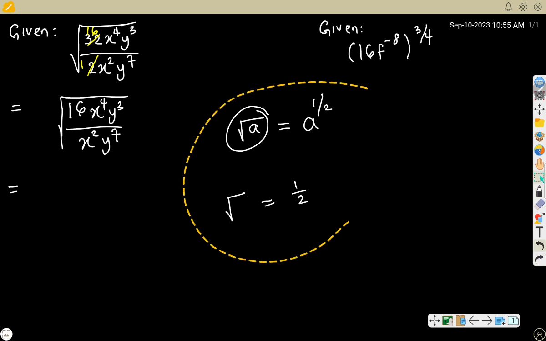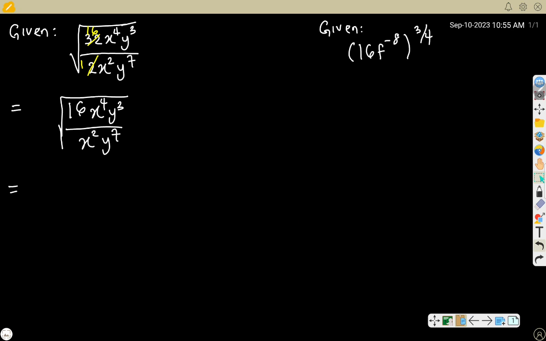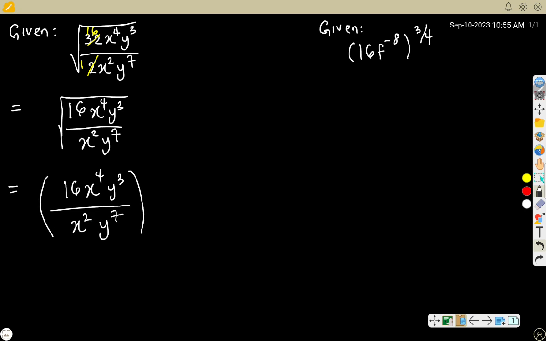So this question can become 16 x raised to power 4 y raised to power 3 over x squared y raised to power 7, everything raised to power half, because this square root can turn to power half.